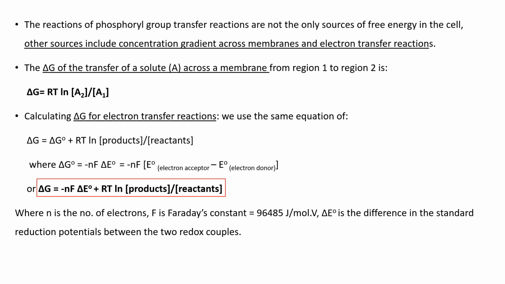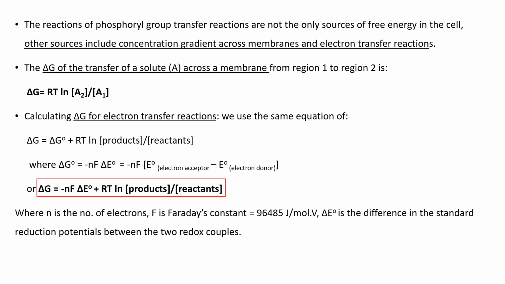And to calculate the delta G for the electron transfer reaction, we will use the same equation, which is delta G equals delta G node plus RT ln the concentration of the products divided by the concentration of the reactants. Here, for an electron transfer reaction, delta G node will equal minus nF delta E node, where n is the number of electrons transferred, F is Faraday's constant, and delta E node is the standard reduction potential.